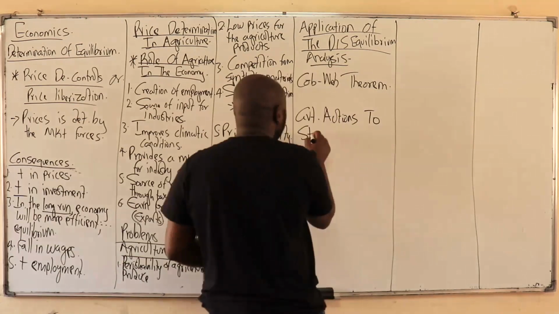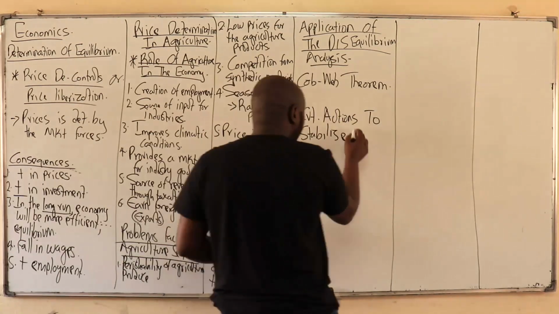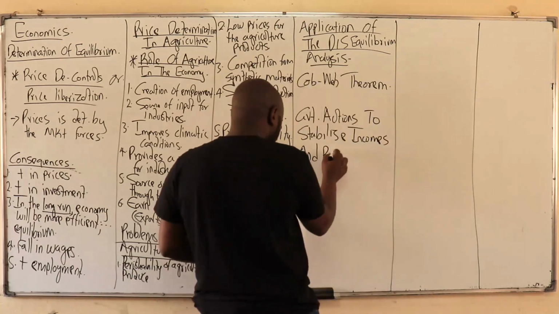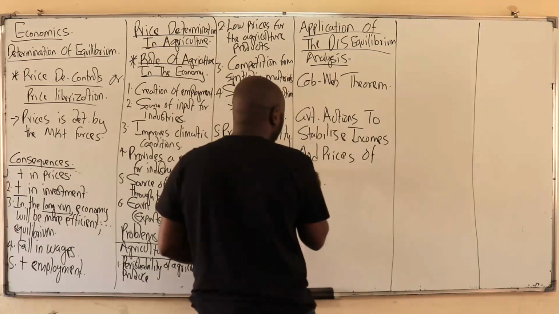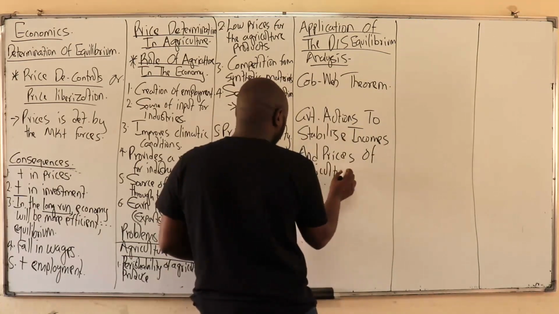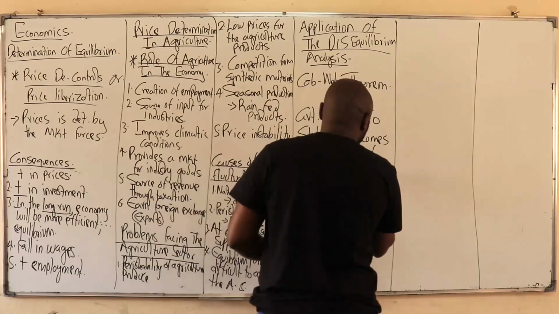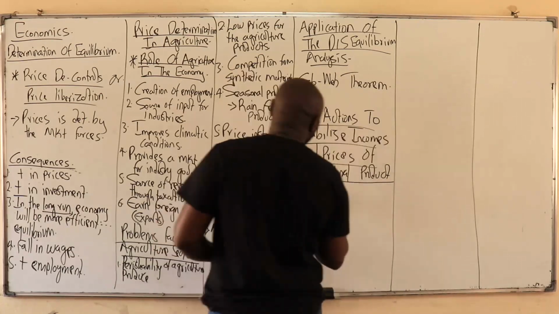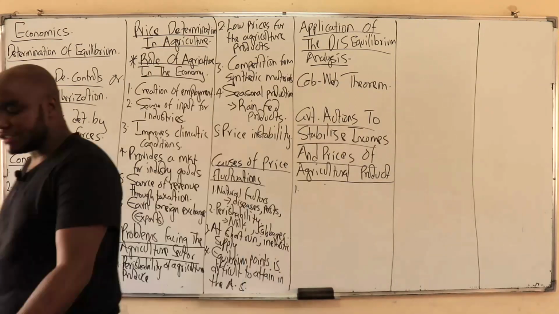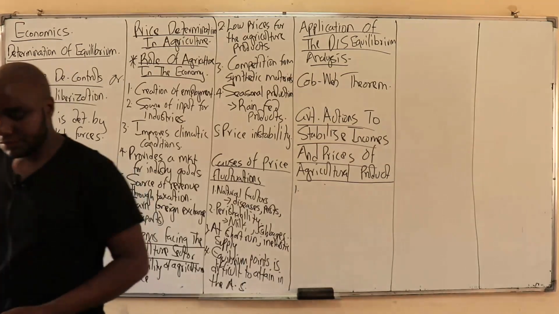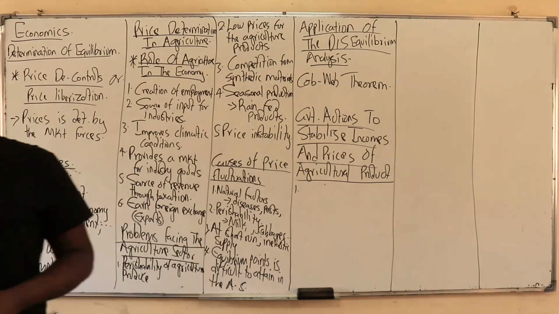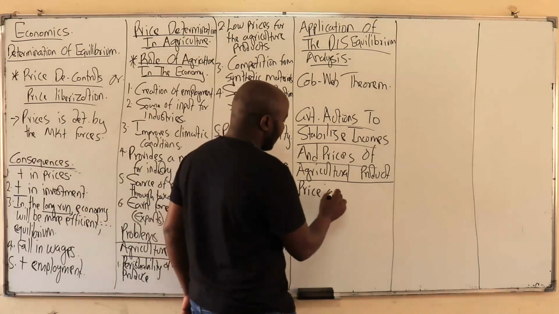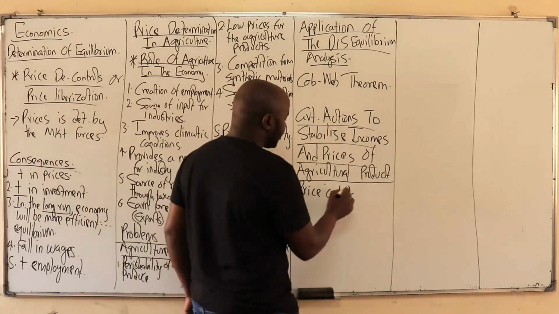Which are now these government strategies or actions? Number one, we have talked about it, it's price controls.